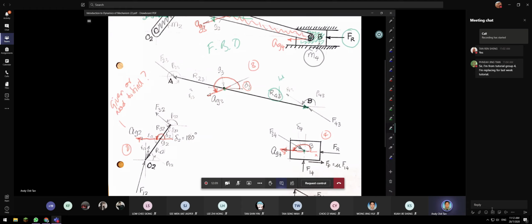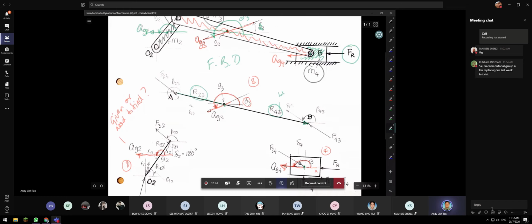Now the next one is your R to the other position, A. A is actually attached to link number 2, so this is our link number 2. That is why you have 2, and it is on link number 3. So this is your second step.